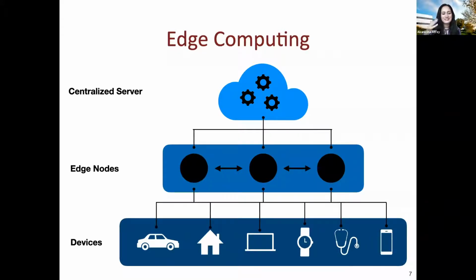This graph doesn't do justice because these edge nodes are actually closer to the device than they are to the centralized server, so they're not right in the middle. They can take care of certain computation tasks that aren't highly expensive because they're located very close to the device.